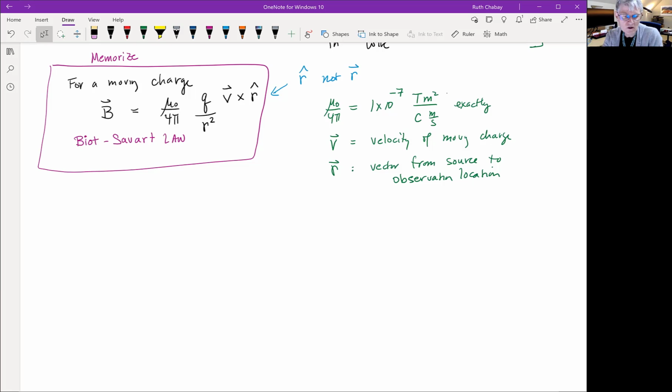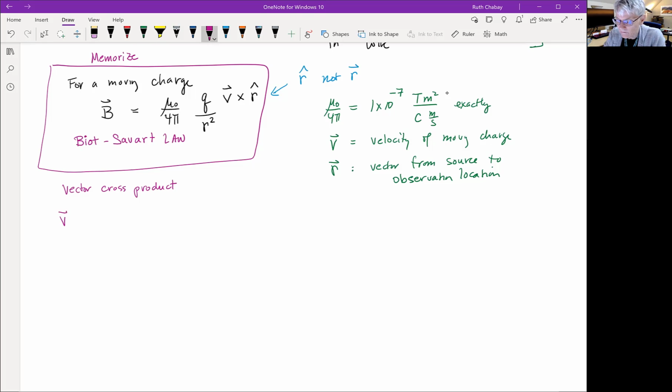So here is our old friend, a vector cross product. We haven't thought about this probably for a while, since angular momentum. So let's review vector cross products. We have this V cross r hat that we need to evaluate.